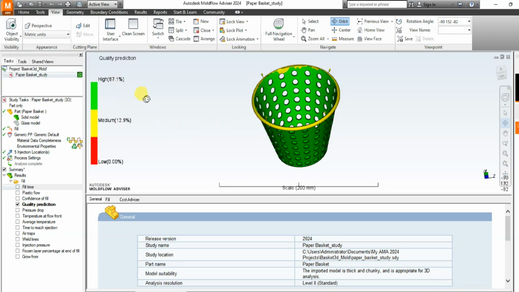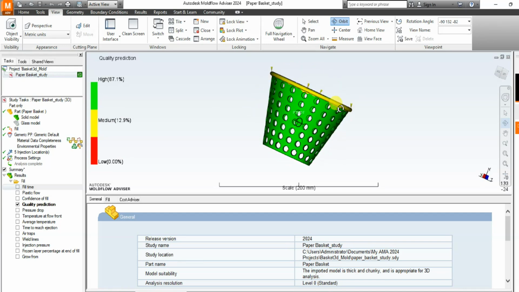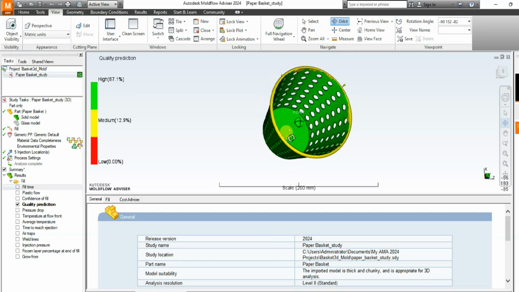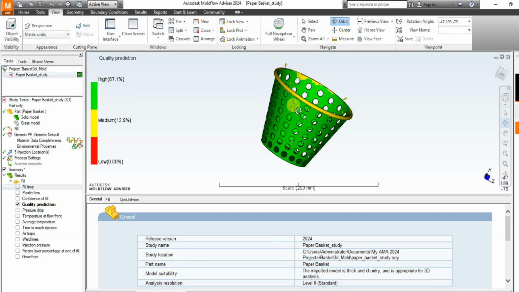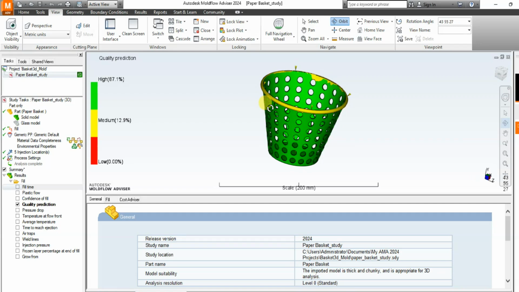Now the next important thing is the yellow. If they are yellow, like you can see in the top part, especially where the ejection locations are, you can see that there are some yellow parts. The yellowness indicates that there are quality issues associated with that area in question, whilst the red indicates that the quality has problems that really need to be addressed before production.